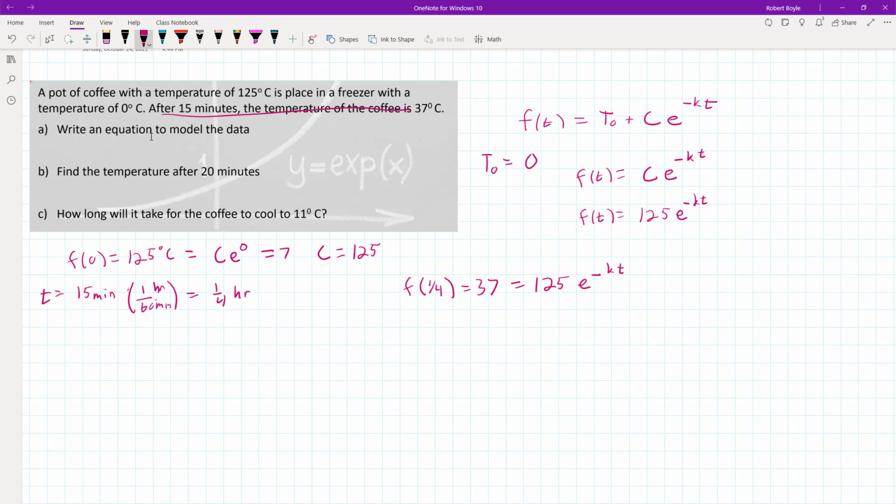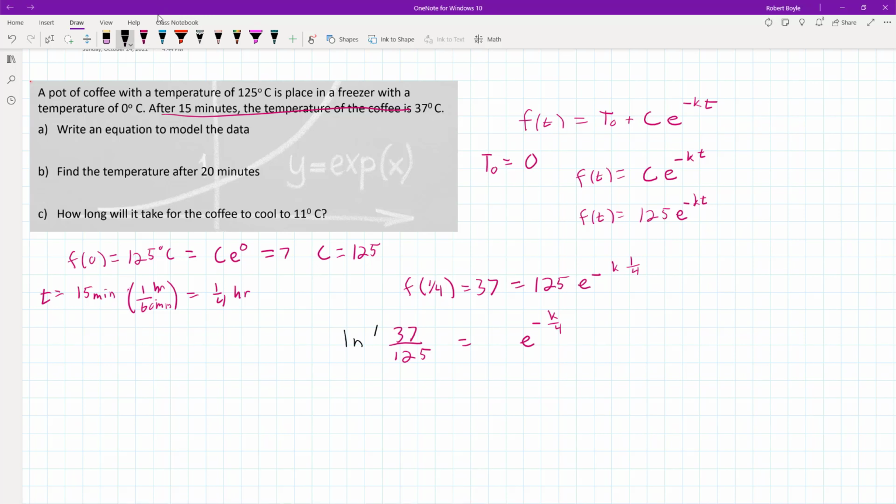Now I can divide both sides by 125, and I will have that 37 over 125 is equal to e to the negative k times t, and actually t over here is 1/4, so I can write this as e to the negative k over 4. Okay, once again, we're going to take the natural log of both sides.